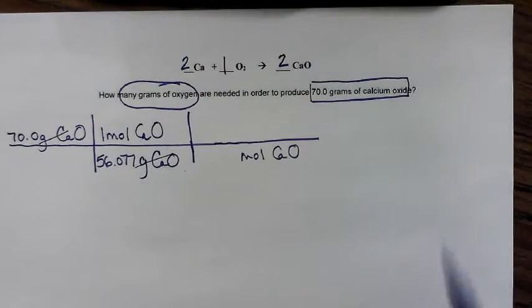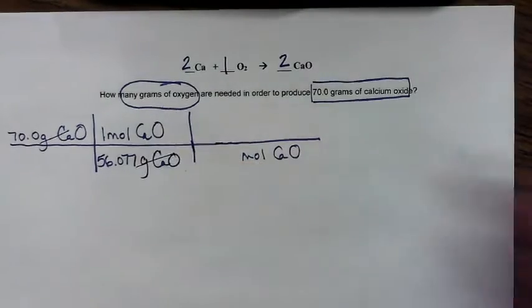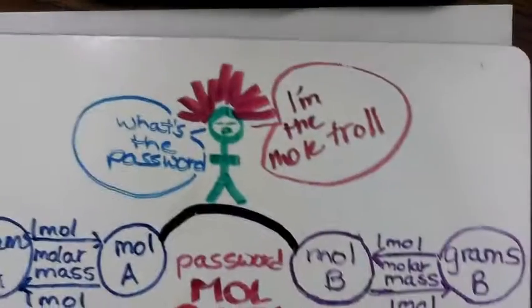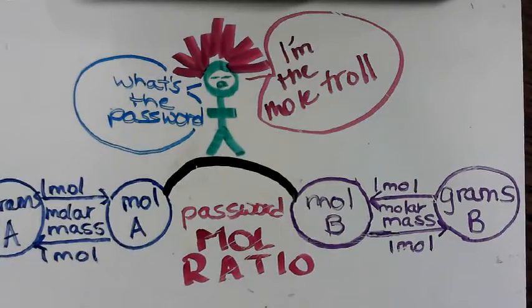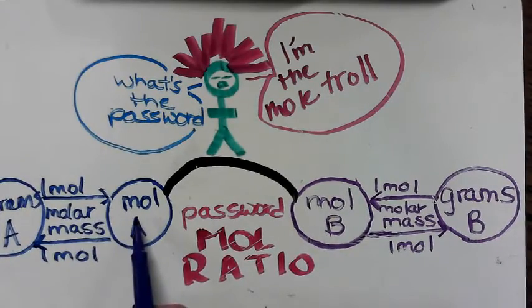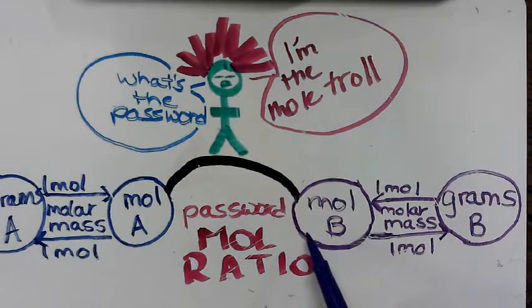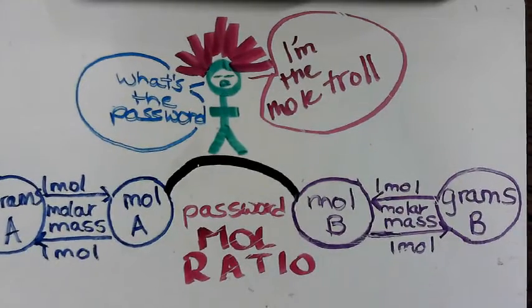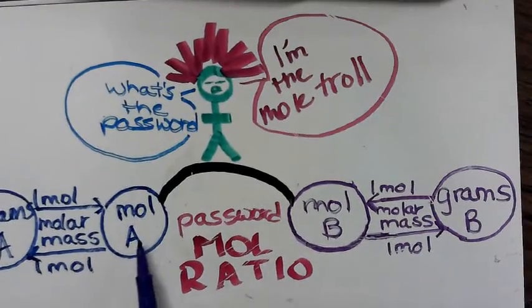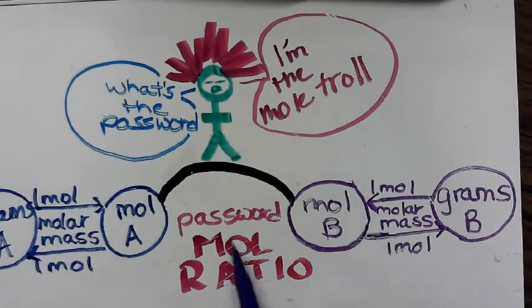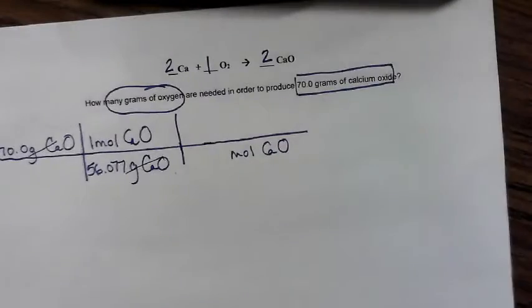Okay, well, I don't want calcium oxide. I need to get to oxygen. So if I look at my mole map, I've got moles of calcium oxide. I need to get to moles of oxygen. So I have to cross that bridge, and I have to encounter the mole troll. And the mole troll says, what's the password? Well, the password's always mole ratio. We already know the password. So in order to get from moles of calcium oxide to moles of oxygen, I need to use the mole ratio.